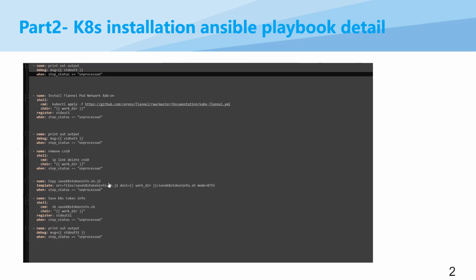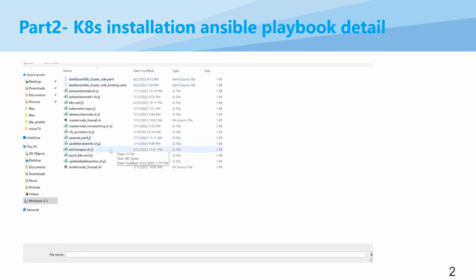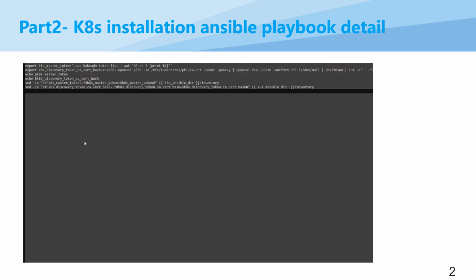Most importantly, we'll see that token info shell. We'll go to the shell to have a look. In the token here, we capture the Kubernetes admin token, and for the hash, the cert hash, also capture that value, and then replace the inventory variables.